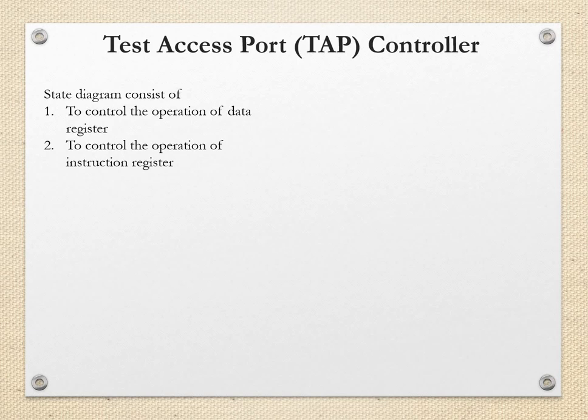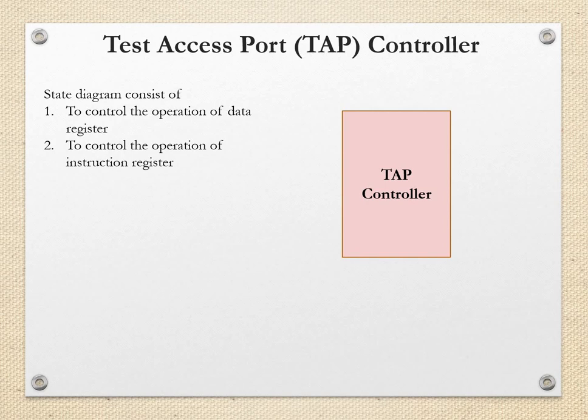So the same TDI pin is used in this JTAG to accept the data from the outside world. This data may be the actual data from the user, or it may be the instruction for the TAP controller. So in this state diagram we have the facility for checking whether the data at TDI is data or an instruction.